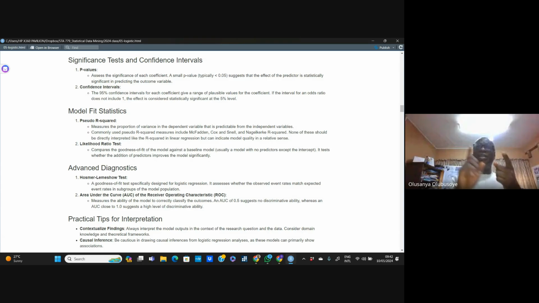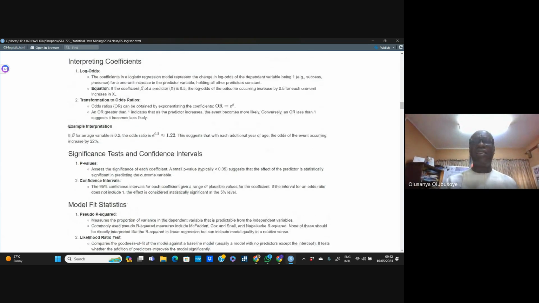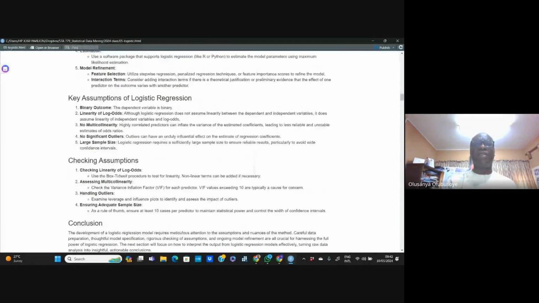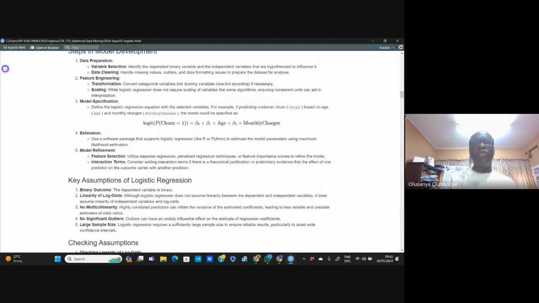Let's say in this model, the logit of the probability of churn equals 1, you have age and monthly charges. That's one model. You can get a pseudo R-square for that model.